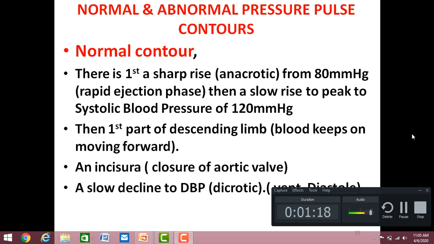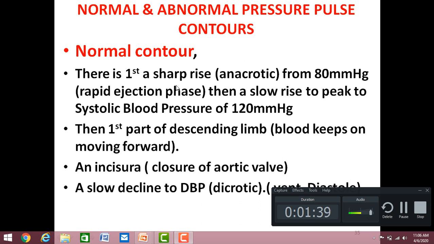In the normal contour, whenever a pulse travels in the vessel, it causes the distension of the arteries, and this is of course palpated in the form of a pulse. Now in this pulse there are actually two limbs.